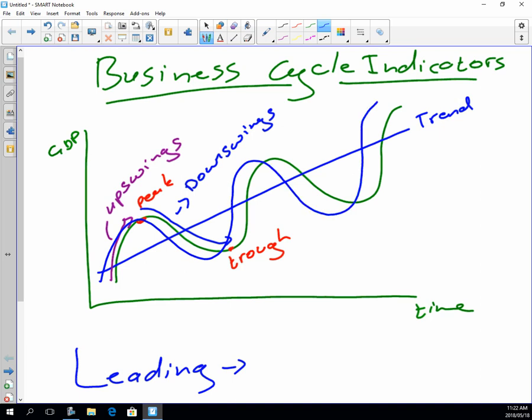What you can see is that over the time axis, the trough of your leading indicator occurs at a time before your business cycle. What that means is we can use our leading indicator to predict where the business cycle will actually go or what will happen to it in future.